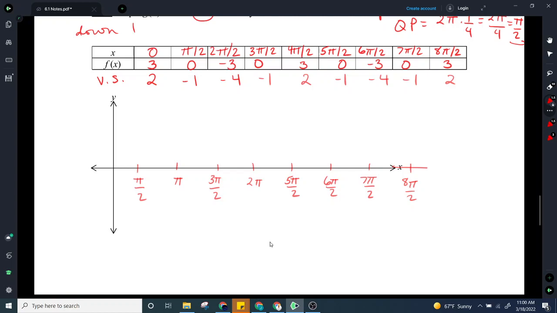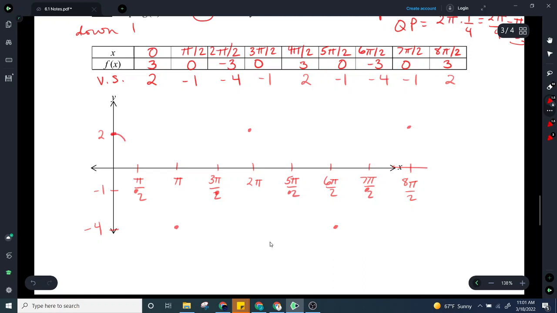So my highest value, my maximum value is now 2, and my minimum value is -4. So we're going to start out up here at 0, 2, and then let's go ahead and put the -1 here. So -1, and then -4, -1, back to 2, -1, -4, -1, and then 2.